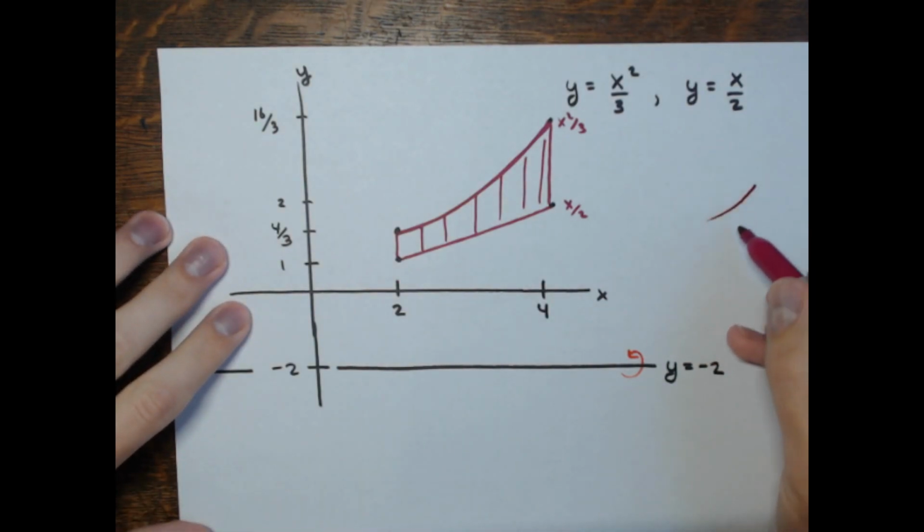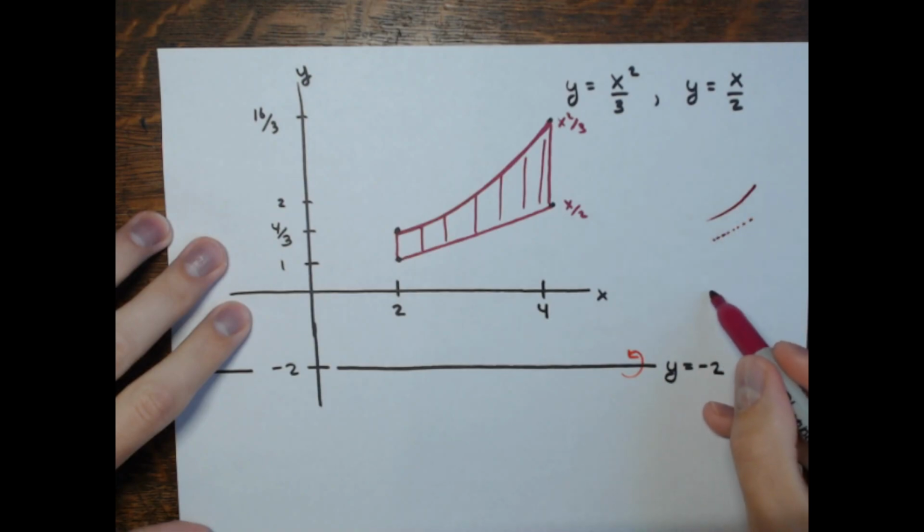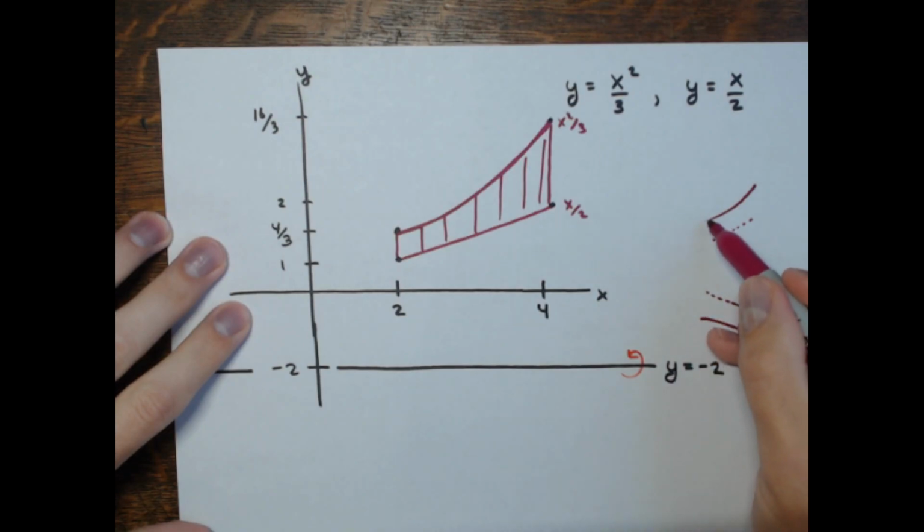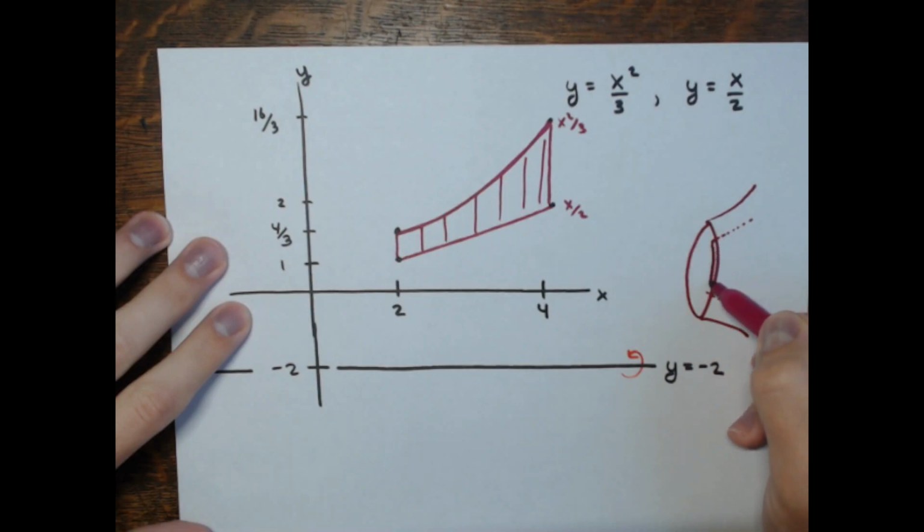You'd have this on top, and I'll just do the line dashed because it's going to be inside, and then same thing over here, and then this on bottom, and these circular things here, and a circle here.